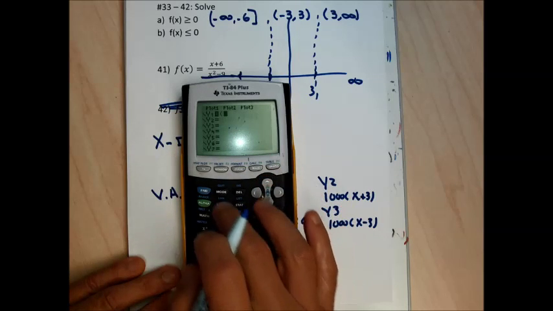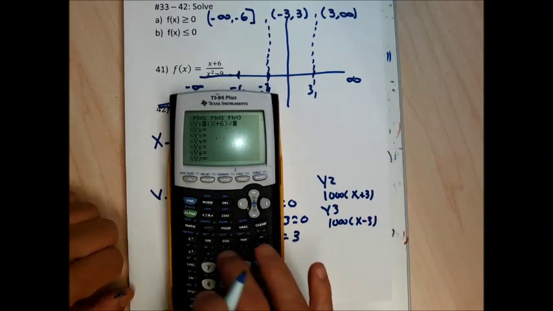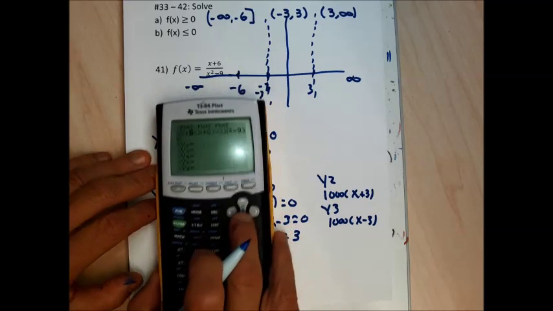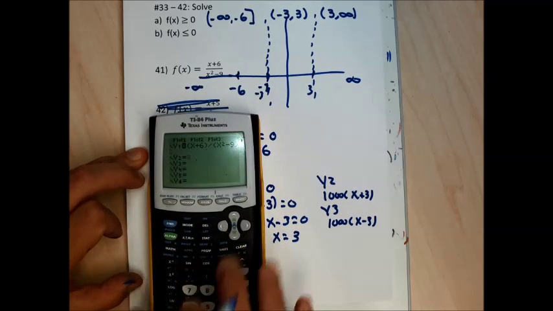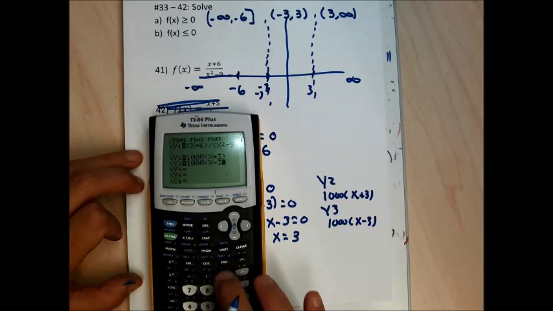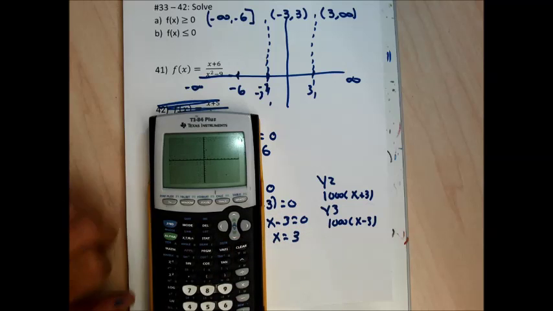I'm going to do x plus 6 divided by parentheses x squared minus 9, and then get my vertical asymptotes in of 1,000 times x plus 3, which just kind of simulates the vertical asymptote, and 1,000 times x minus 3. Go back to a zoom standard because I don't have a better starting guess.